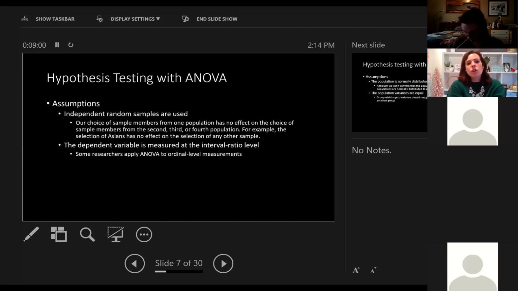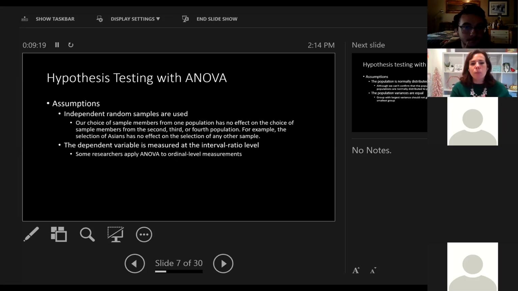Okay. So when you're creating a hypothesis, which again, that's how we're looking at statistics in the social sciences, right? It's for research purposes. So there's a few assumptions that we need to have, much like any of the other analyses that we've done. First, independent random samples are used.